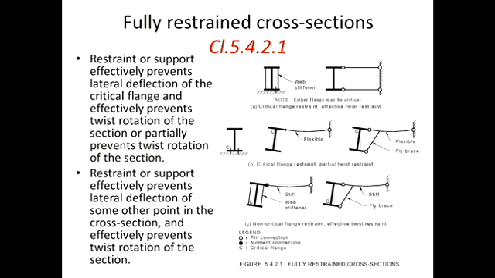And if the non-critical flange is restrained, so in this case, this is our critical flange, but the restraint is on this side, but we have effective twist restraint because of the web stiffness, or we have effective twist restraint because of fly bracing, then we can also refer to that as full restraint.